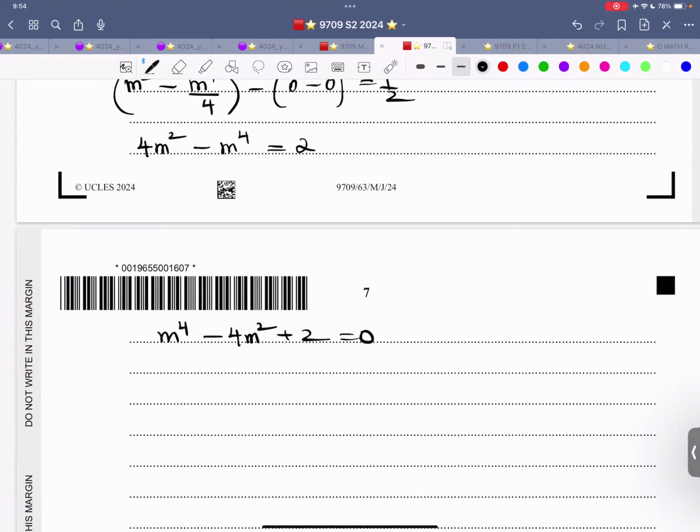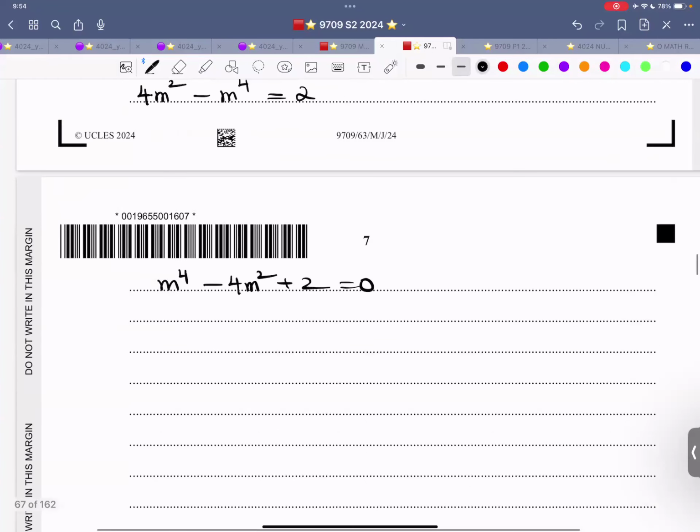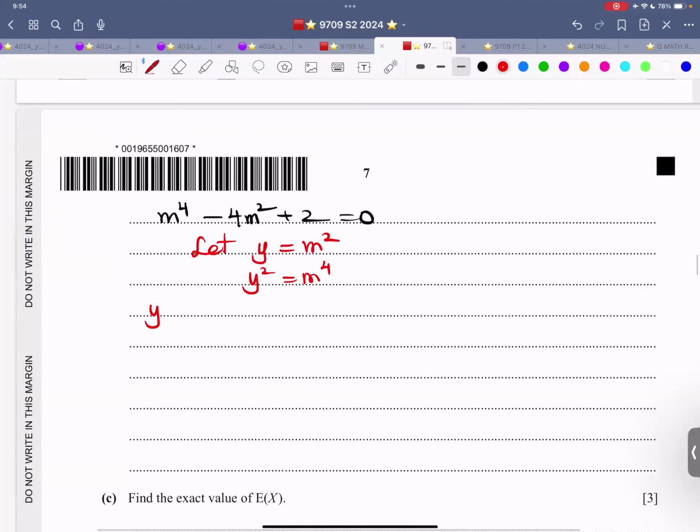So now let's see if this is factorizable. I don't think so. Let me first make a substitution. Let y be m squared. Therefore, y squared is m power 4. So this is y squared minus 4y plus 2 equals 0. The coefficient of the square term is 1, the y term is negative 4, and the constant term is 2.